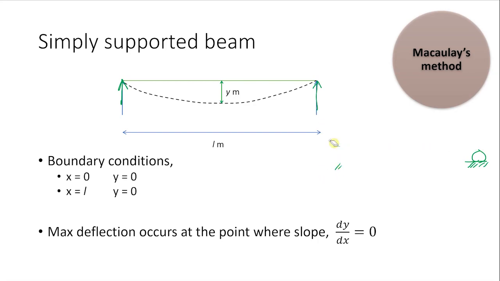So for the simply supported beam, the boundary condition says that when x is equal to 0, y will be equal to 0.